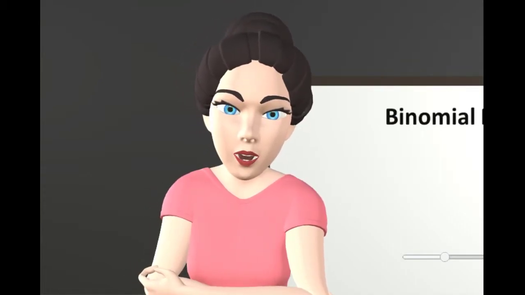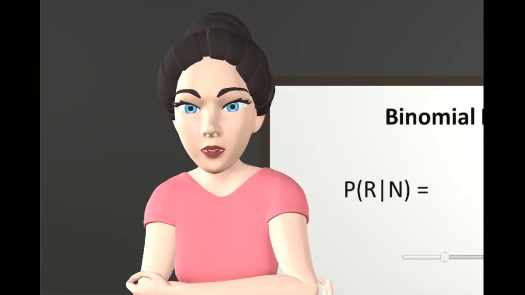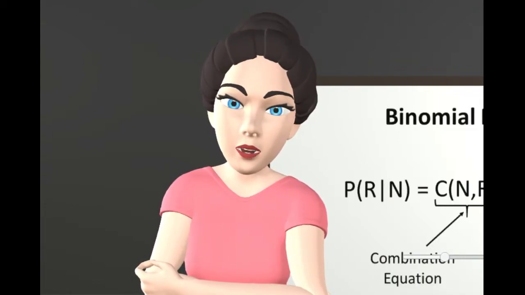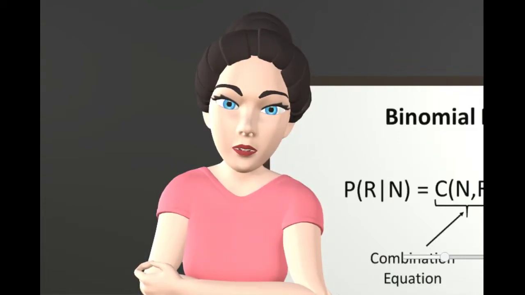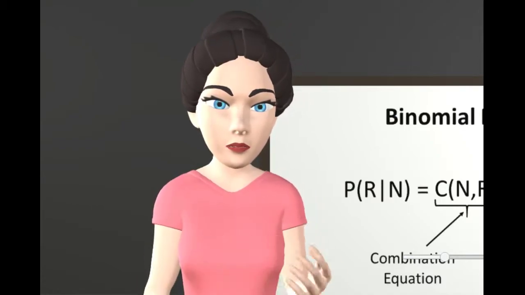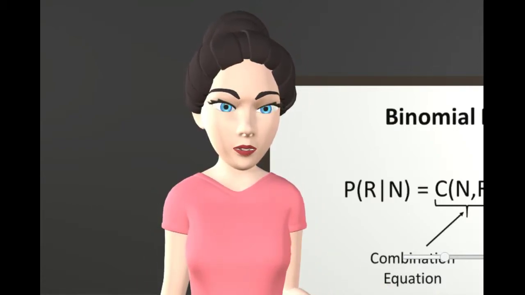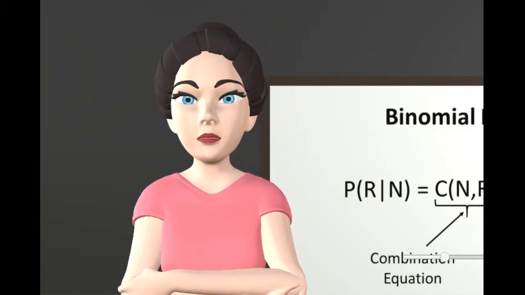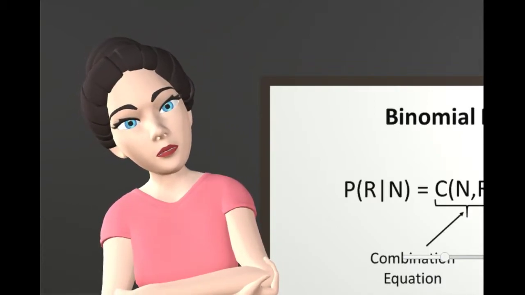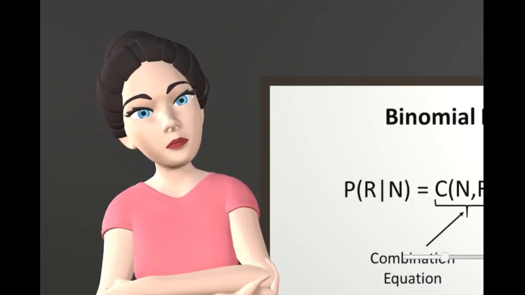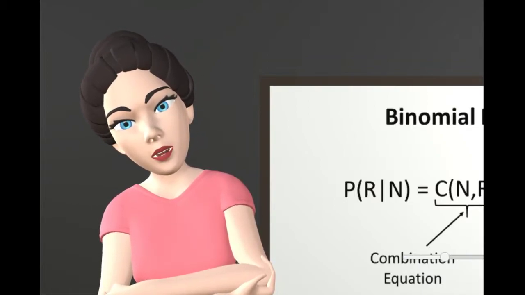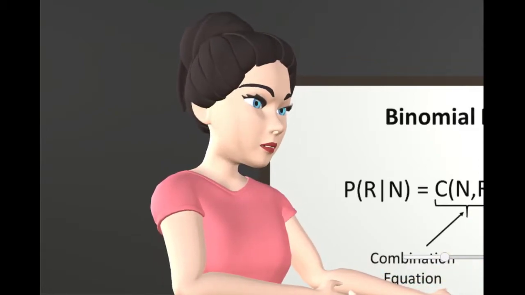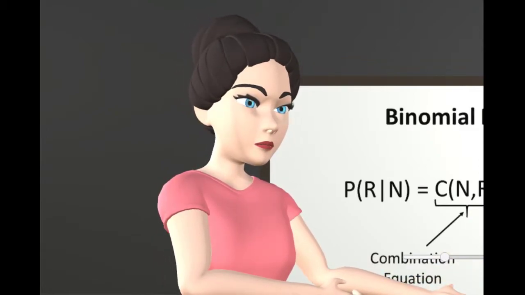You can figure out the probability of getting R successes out of N trials by multiplying the number of combinations for a sequence that has R successes out of N trials by the joint probability of any one of those sequences. When you do this, you are finding the probability of R successes in N trials. So if you put all that together, you get the formula on the screen. This is what we call a binomial probability.